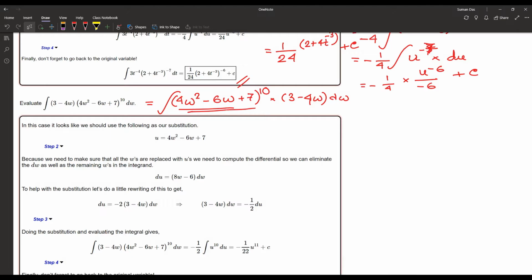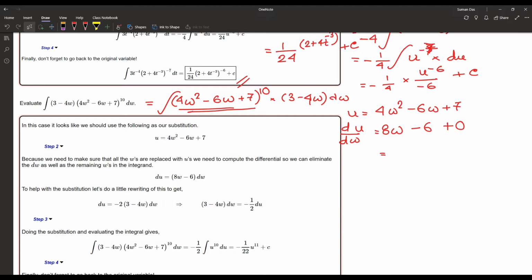Once again we are keeping that function as u. So suppose u is equal to 4w^2 - 6w + 7, and differentiating u with respect to w, we are getting 8w minus 6 plus 0.